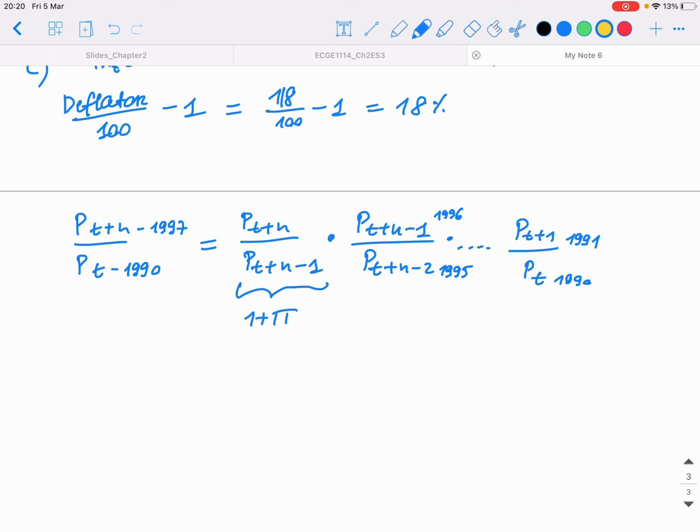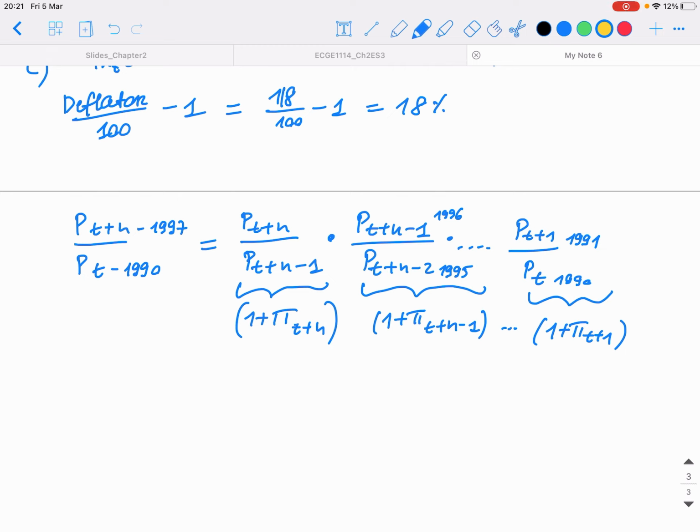The rate of inflation I will denote here by P. That's the inflation rate for the year t plus n, basically between these two periods, and then this one here is the inflation for the previous period, and here we have the inflation between the first and the second period, and so on and so forth.